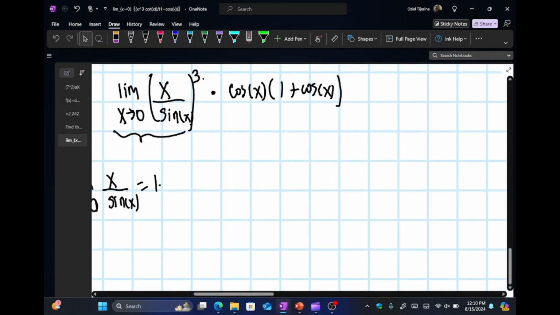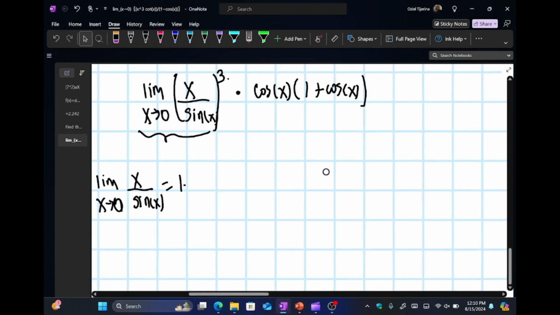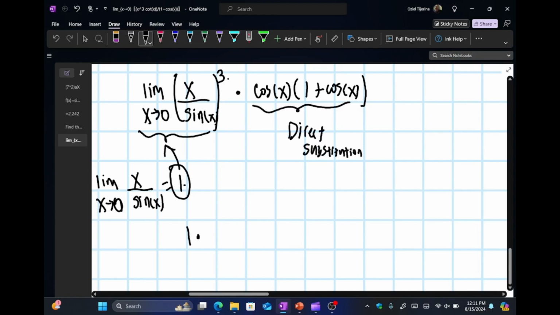So it's 1 times, and if we do direct substitution here, cosine of 0 times 1 plus cosine of 0.